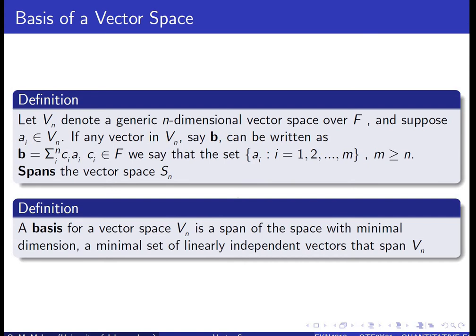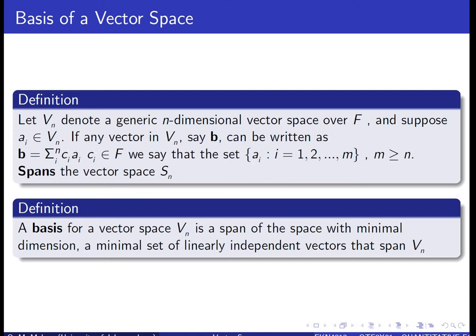If any vector in Vn, say b, can be written as b equals ci Ai, where ci is in F, we say that the set Ai, from 1 to m, where m is greater than or equal to n, spans the vector space Vn. For instance, we can write b as a linear combination of the scalar multiples and a vector, and vector A.